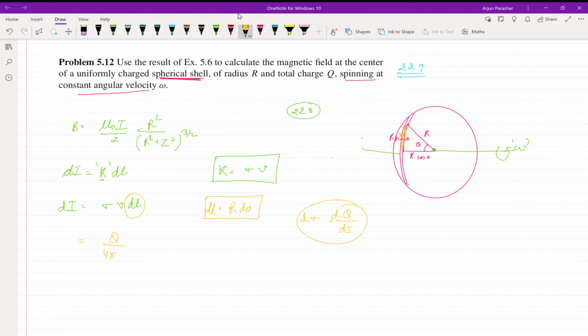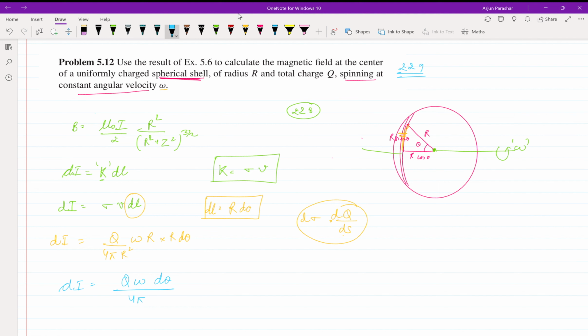The surface area of the spherical shell is 4 pi r square, and v, as omega is given in the question, so we'll relate it with omega. v is omega r, and the other thing is r d theta. All right, so this becomes dI. So now dI becomes q omega d theta upon 4 pi.